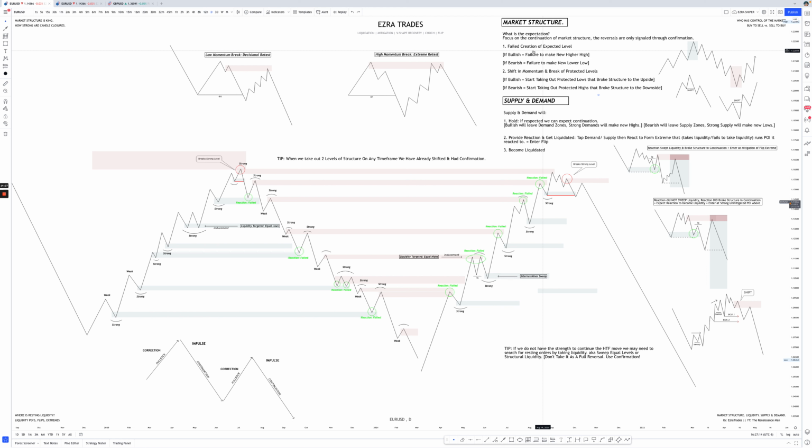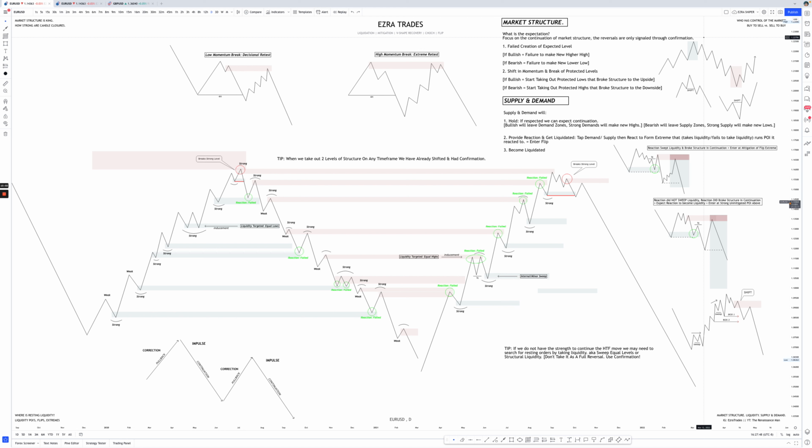If we are currently expecting a bullish order flow, bullish market structure, we're expecting to make a higher high, a higher low, a higher high, a higher low. If we fail to make a higher high, if we fail to make the next expected point in market structure, the next expected level, that could be a sign that we may be beginning to find weakening market structure, weakening demand.